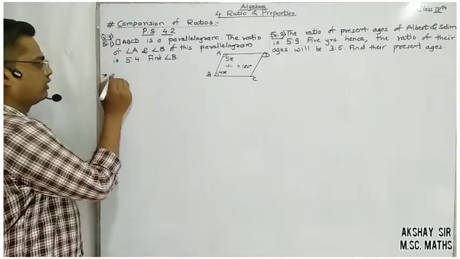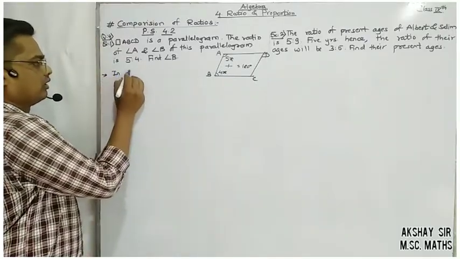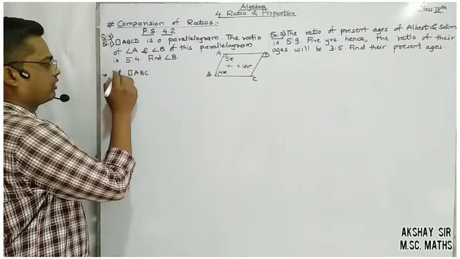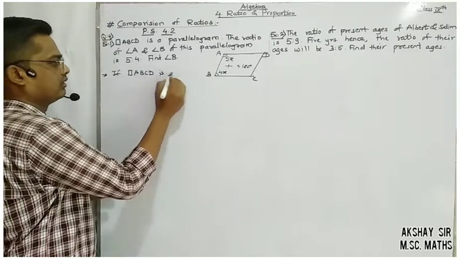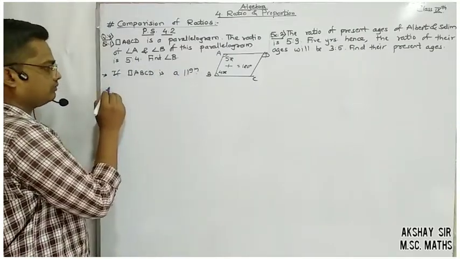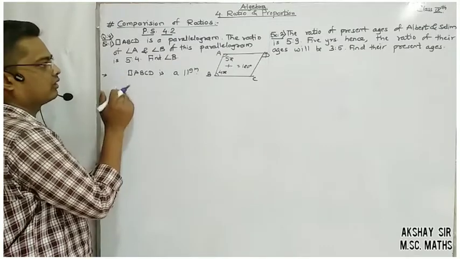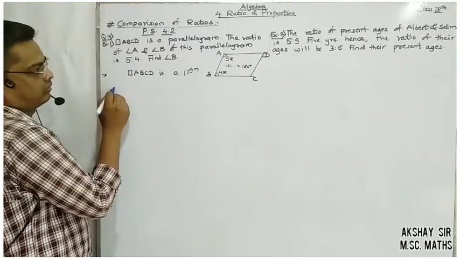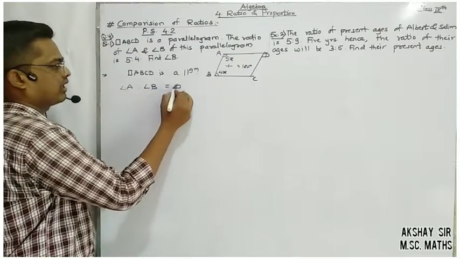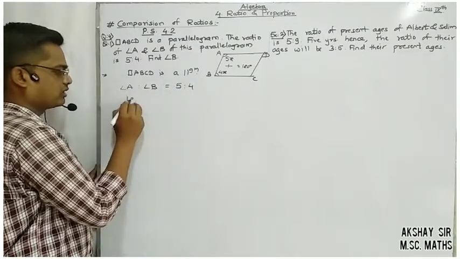So first of all, let us consider quadrilateral ABCD. If it is a parallelogram, then it is given that the ratio of angle A to angle B is 5:4.